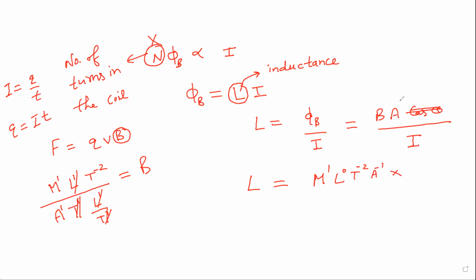For area, this A stands for area, so we can say the dimensions will be L2, because area is always present in meter square. For current, we will use ampere. So when you do the mathematics, you'll get M1, L2, T minus 2, A minus 2.